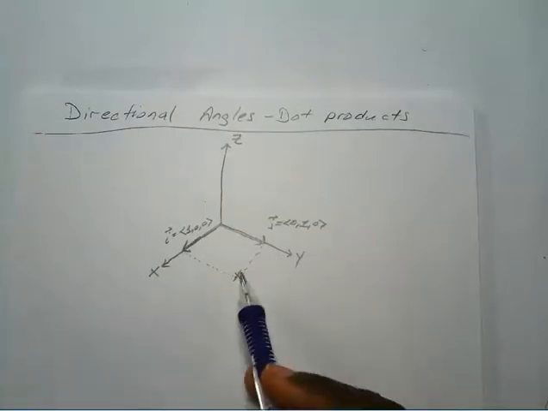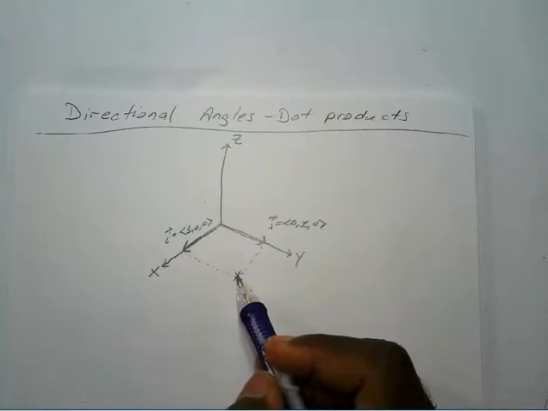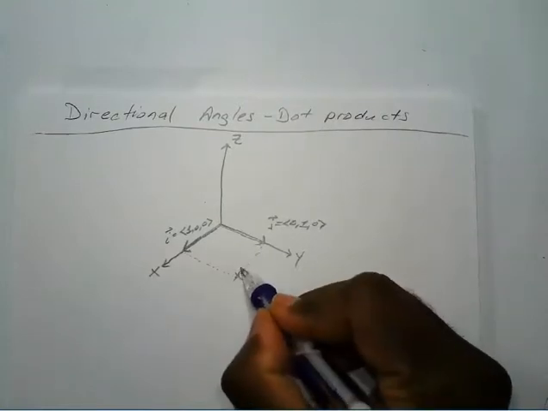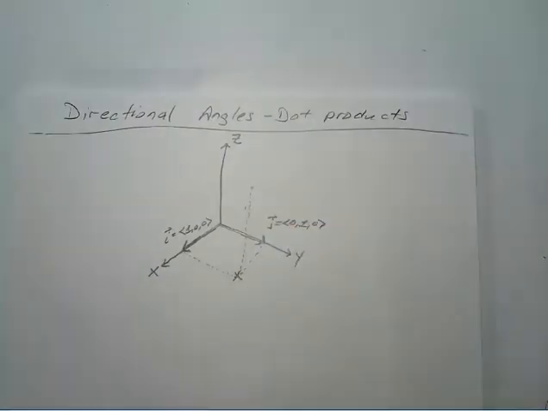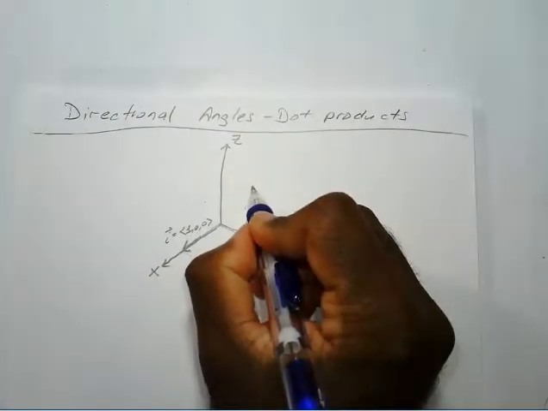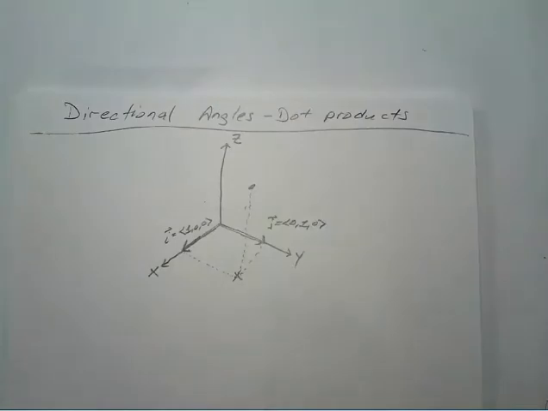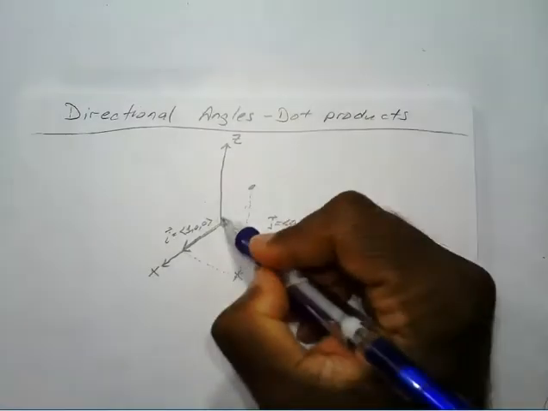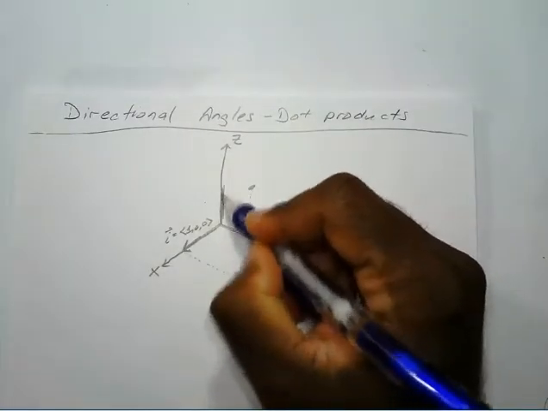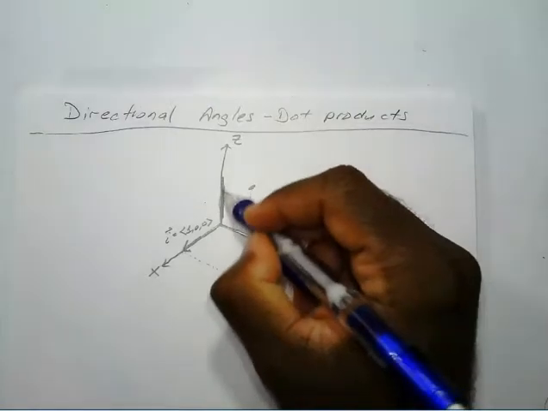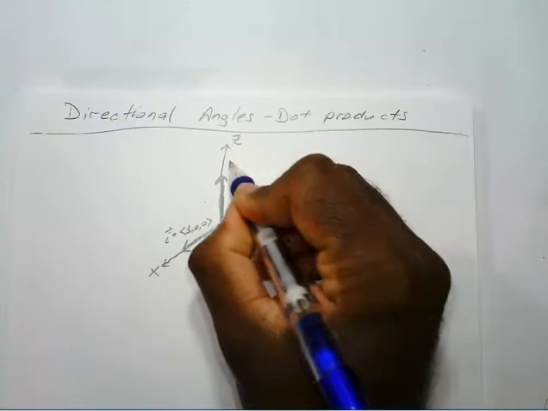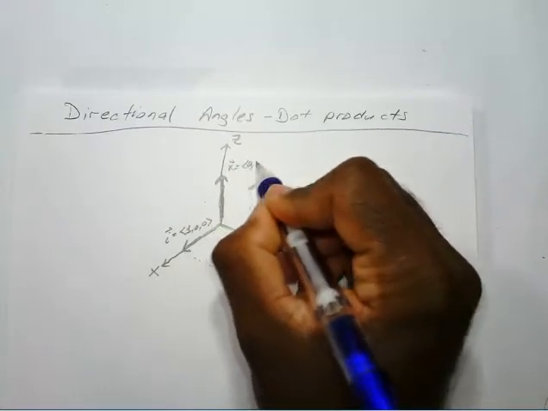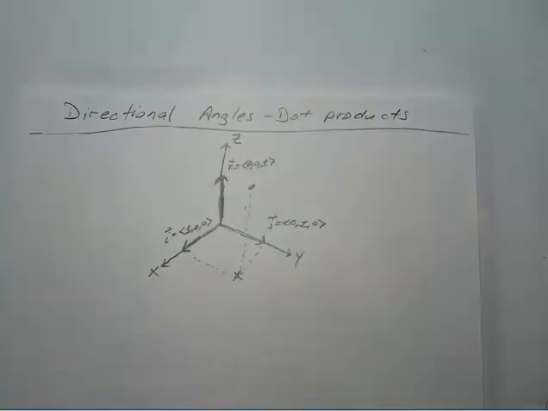Now imagine you are lifting that ball up in the air, straight up to where it is now. So what we're doing now is going up the Z-axis.